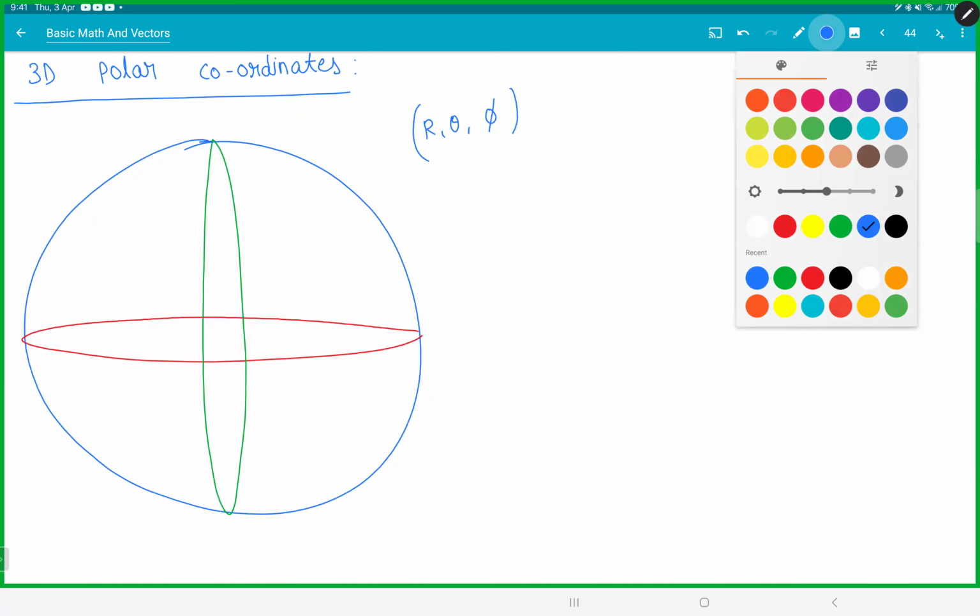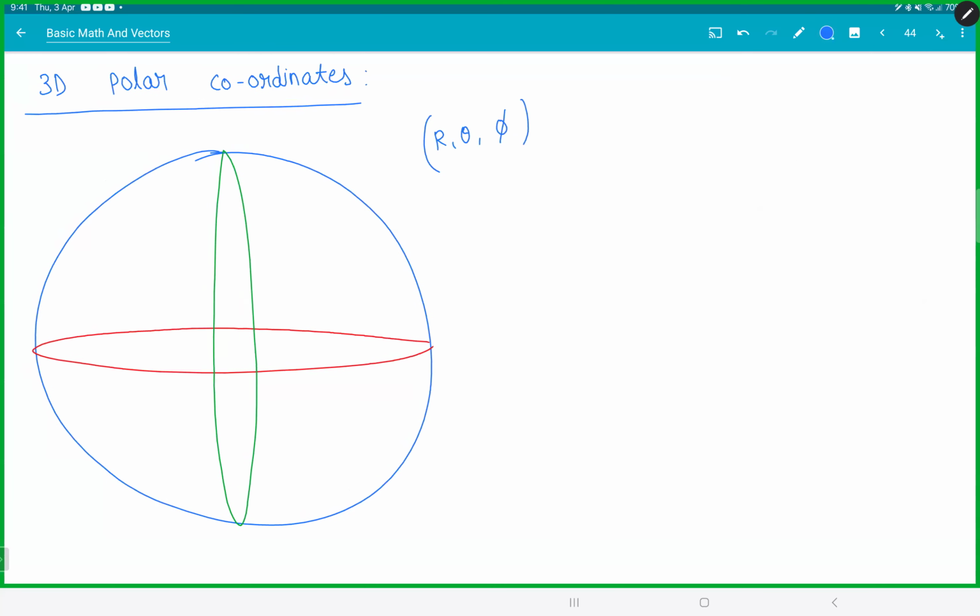So here, this is how the reference goes. This is the center. This is your reference line. Theta rotates in the horizontal circle. This is theta. The angle phi rotates in the vertical circle. This is angle phi. Able to visualize how it is? So you are going in a horizontal circle, you are going in a vertical circle.